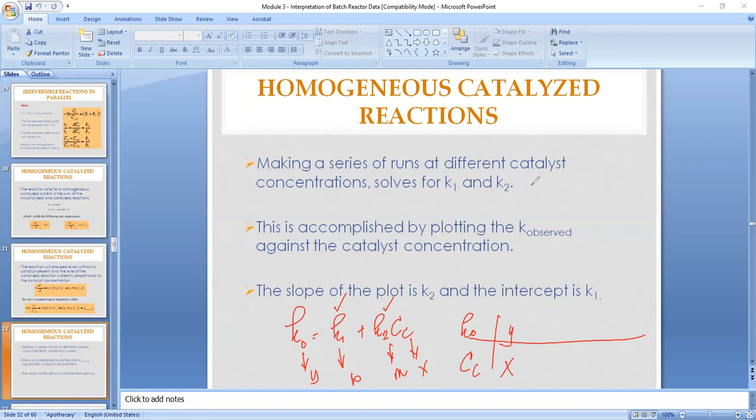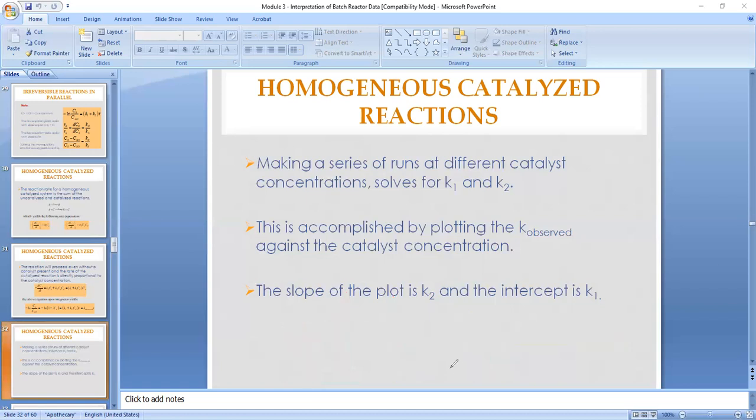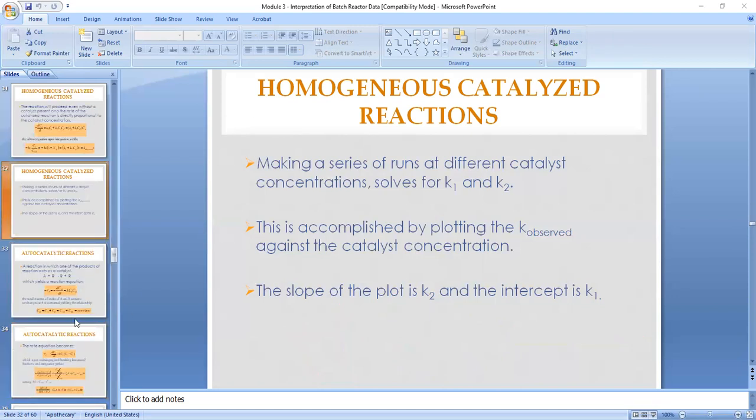That's the importance of knowing how to use linear regression in your calculators. Anyway, all calculators now, as long as they're scientific, have that capacity. Okay? So any questions so far? Okay, then we proceed.